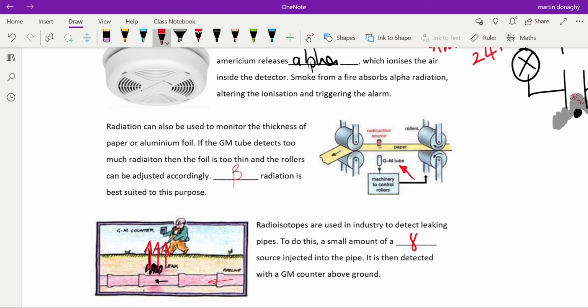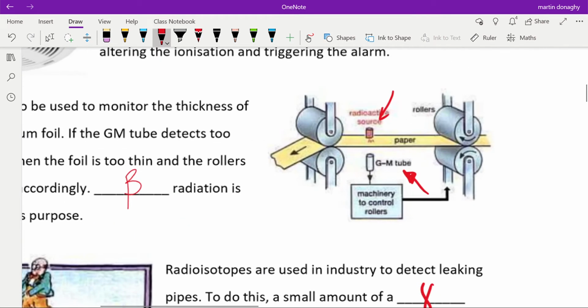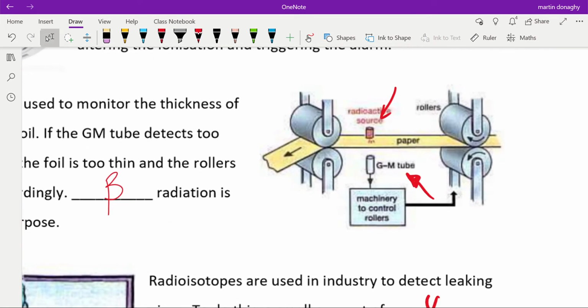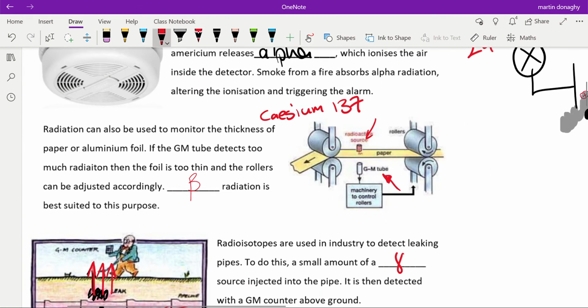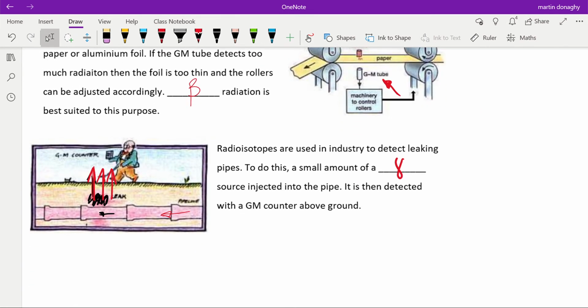For that to be true, we needed to have a very long half-life, because if this source has a short half-life, then the amount detected on the other side is going to decrease quite quickly, even if the thickness is the same. So therefore, we want it to last a long time. So in this case, we would use our cesium 137 for that application.